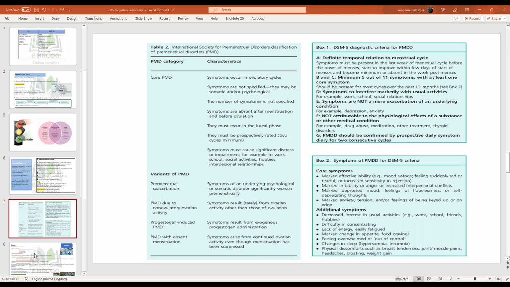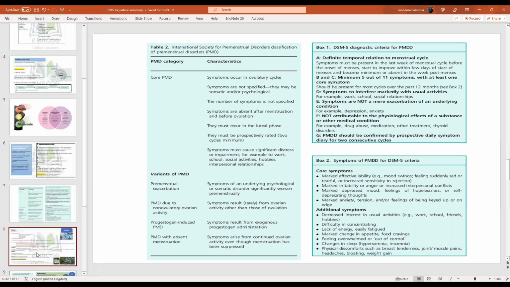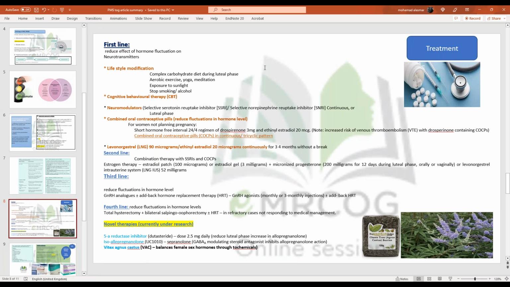Okay, so let's have a look at the treatment. What do you think? This is, my friend, the evidence-based treatment. So what is the evidence-based treatment here?